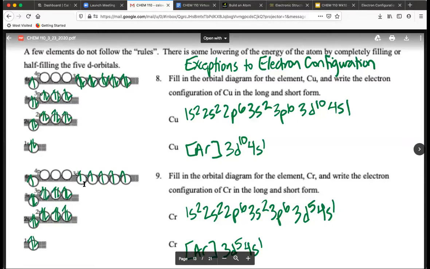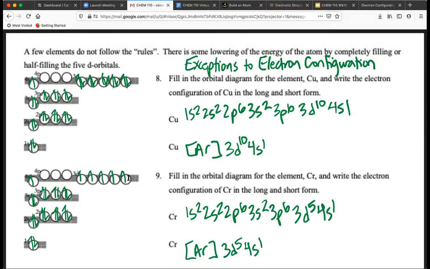And the answer is you always have to put in electrons singly before you can pair. And so in this case, rather than taking this one electron and pairing it up with 3d, we actually keep it by itself where it's a half-filled orbital, because all of these are half-filled, and that makes them just a little bit more stable than if they were completely full.